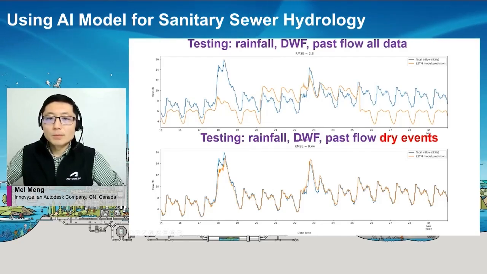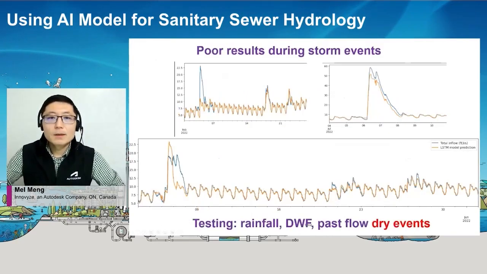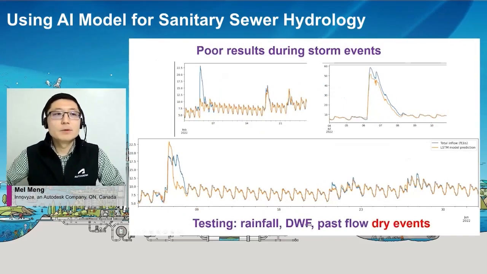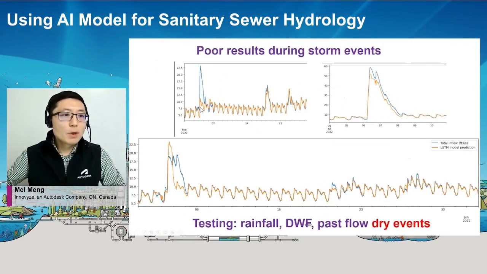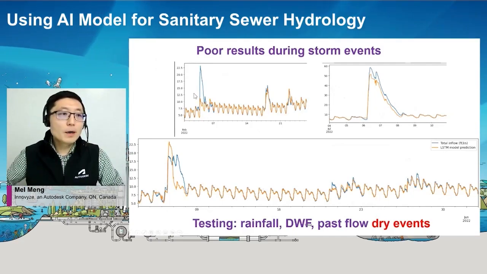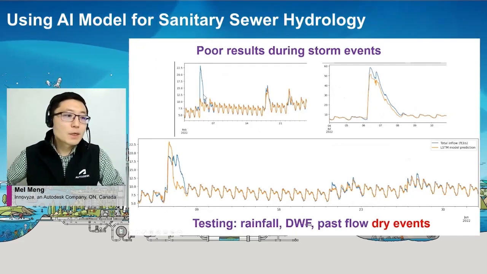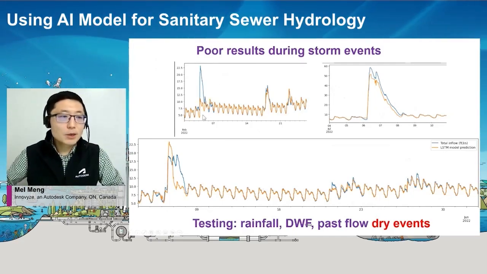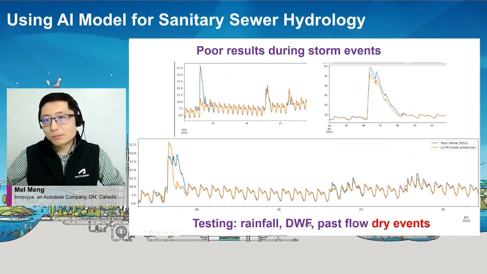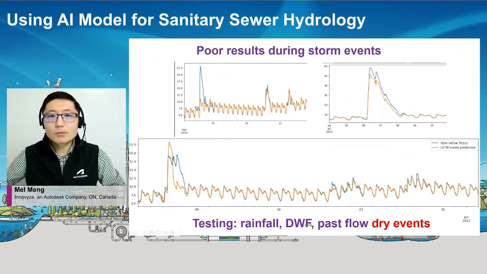So training on the dry events helps a lot in this case. That leads us to the last piece of the puzzle: what happens when it rains? With the current format, I have to say it's kind of bad. Like this one here, they're very wrong. And you can see around here and there, it doesn't look that great.